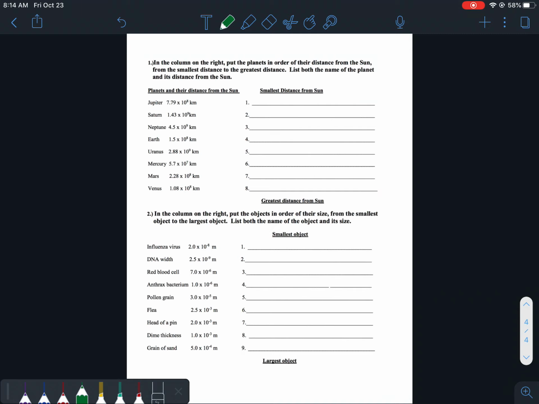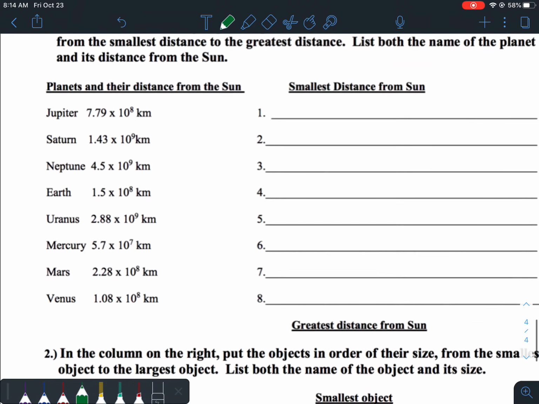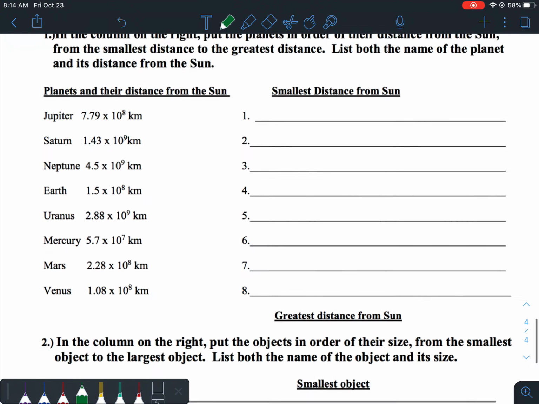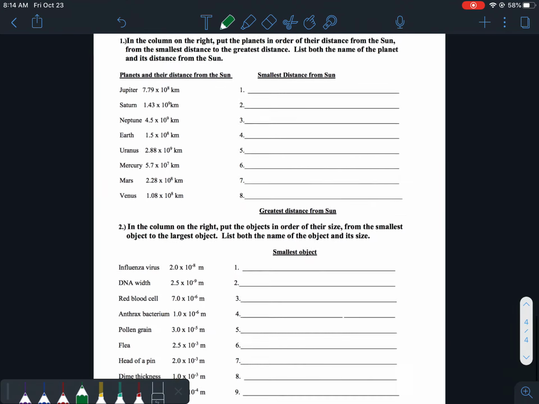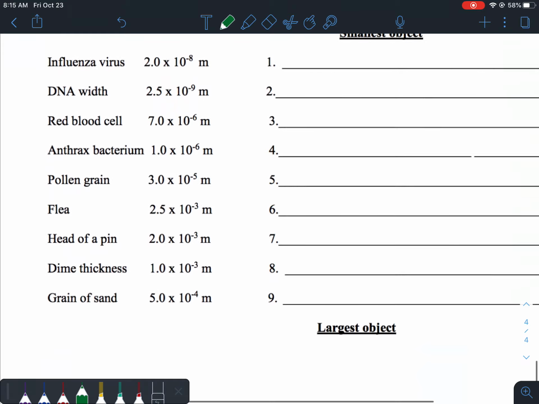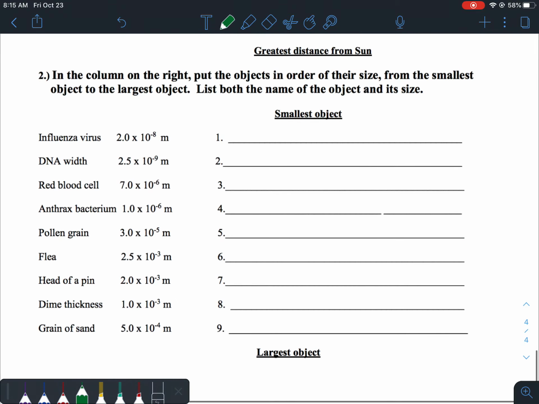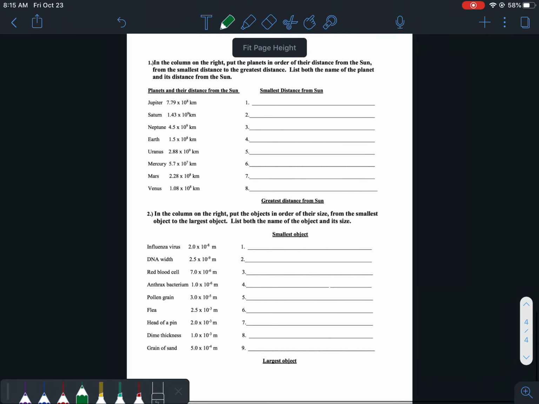And below we have other objects that are really small, like pollen, bacteria, cells, and you're going to be writing that in order of size, right? So you're going to identify here what the largest number is and what the smallest number is, and you're going to order it in that way. Same thing with number 2. You're going to identify which one's the smallest, which one's the largest, and you're going to order it in that way as well. And that is it.